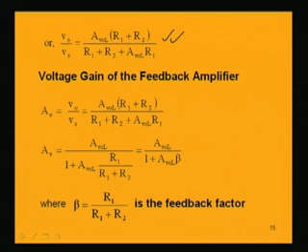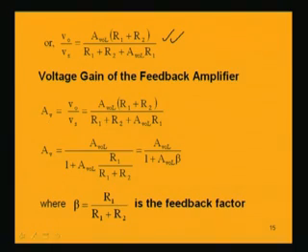So, we get the voltage gain of the feedback amplifier, or this non-inverting amplifier, as V0 by Vs, which is denoted by AV, and that is equal to AVOL into R1 plus R2 by R1 plus R2 plus AVOL into R1.